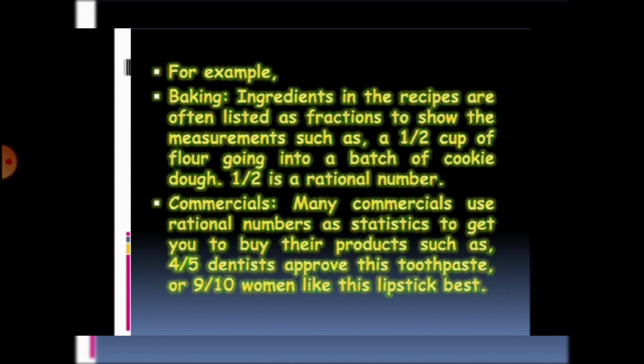Ingredients in recipes are often listed as fractions to show the measurements, such as a half cup of flour going into a batch of cookie dough. Half is a rational number. Commercials. Many commercials use rational numbers as statistics to get you to buy their products, such as 4 by 5 dentists approve this toothpaste or 9 by 10 women like this lipstick best.